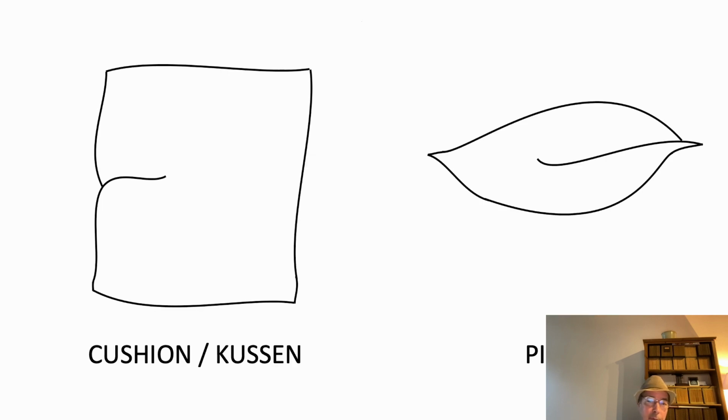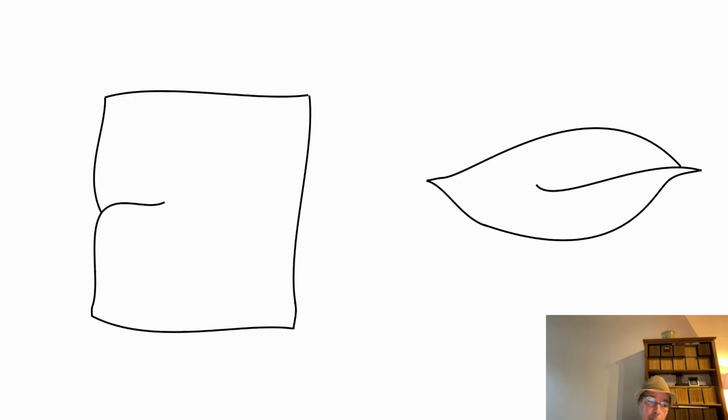So you have cushion and pillow. These are the sounds into forms from the words, and I will explain how you can recognize this. There's a difference in the forms of the cushion or the pillow. It's deliberate. That's what we mean with these words: cushion, pillow.